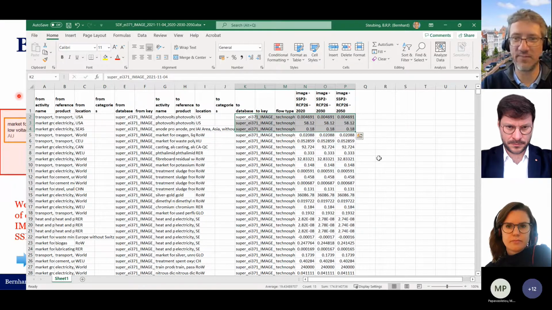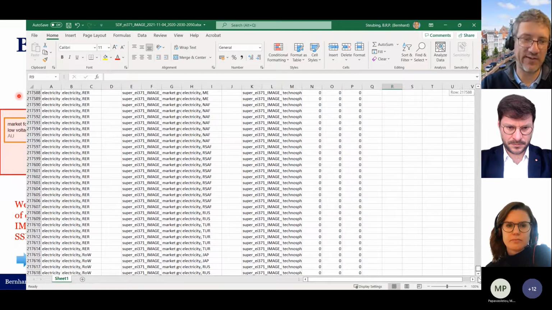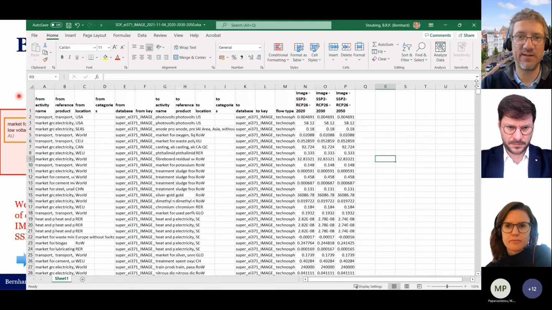This is also why it's so difficult for individual LCA practitioners to really develop good background scenarios. Here we're actually modifying 217,000 values or exchanges in the futurized ecoinvent database for each scenario.